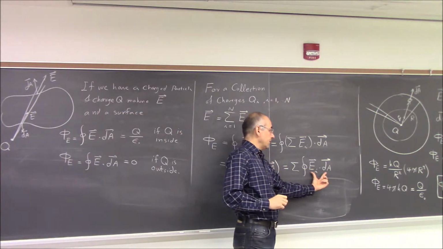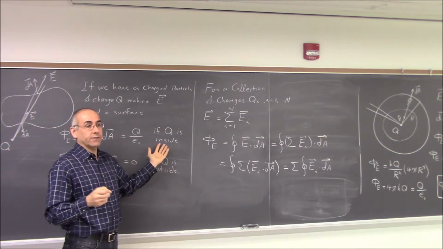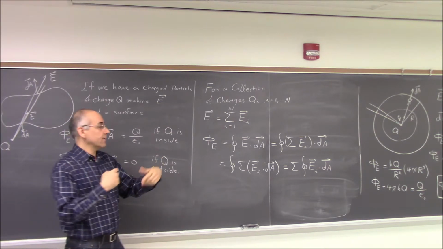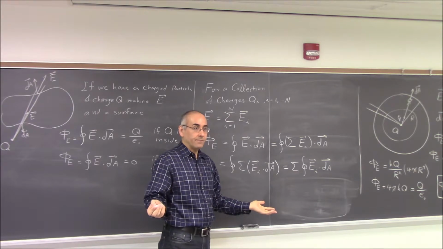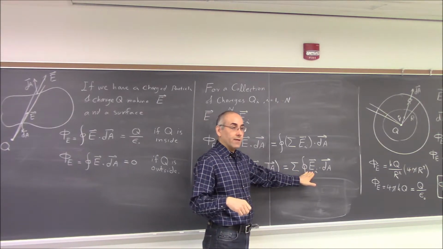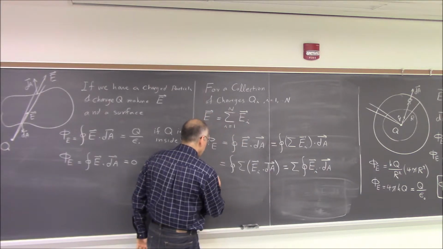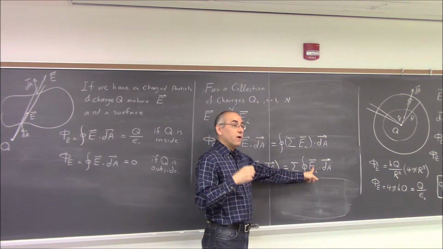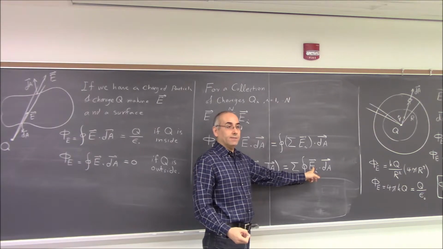For each one, it's like that. It depends on whether the charge, the ith charge, is inside that surface or outside. If it is inside, there's a contribution here. If it is outside, the contribution is 0. If it is inside, the contribution is Qi over epsilon naught, right? So the total flux will be the sum of all the charges that are inside divided by epsilon naught, isn't it?